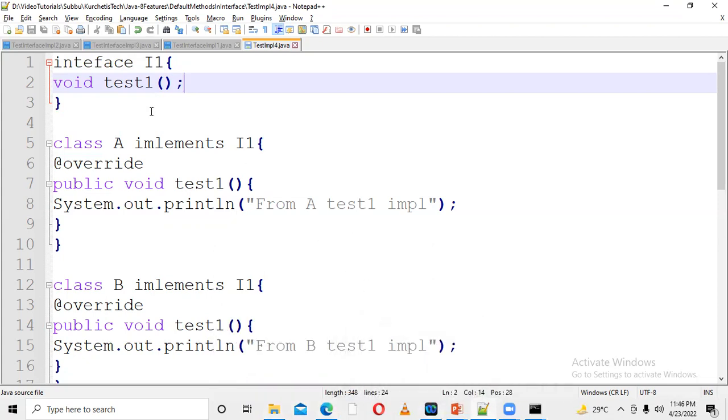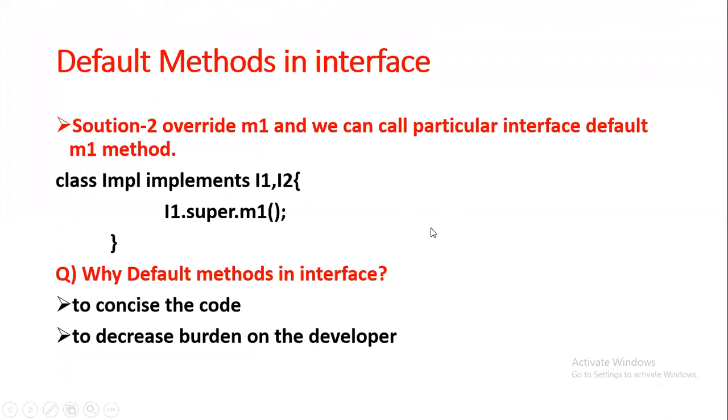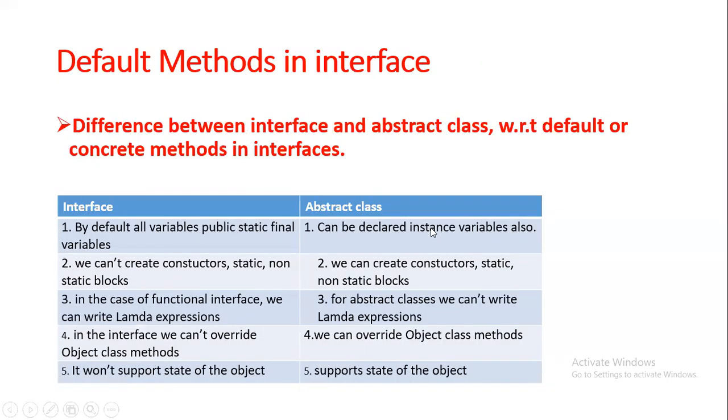That is the clear point, right? We need not see practical for this one. So here many people get a doubt. Before Java 8, there was a clear-cut abstract class. An abstract class is a partial implementation class.